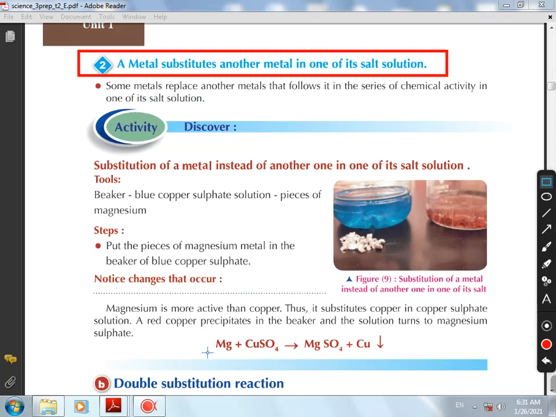For example, reaction of magnesium with copper sulfate to produce magnesium sulfate and copper as a precipitate. Okay, Mg plus CuSO4 give MgSO4 plus Cu as a precipitate.